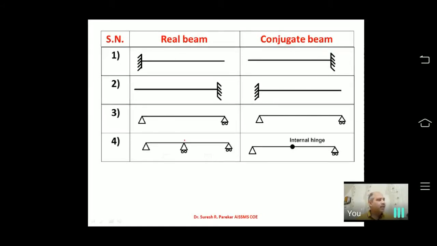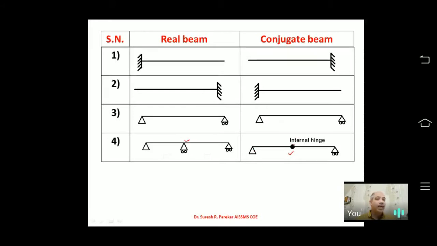Now here this is an important one. You can see here you have a continuous support. Now what we have made over here is an internal hinge. Why have we made it an internal hinge? You can see what will be the deflection at the continuous support. The vertical deflection at the continuous support is 0. Now when deflection is 0 in the real beam, what will be the bending moment in the conjugate beam? It should be 0. And when will we get a bending moment of 0?